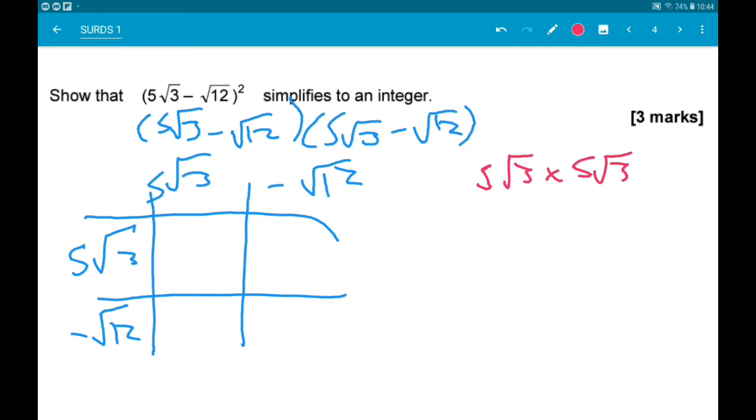So we can think of that as 5 times 5 times root 3 root 3. Five times 5 is 25, root 3 times root 3 is 3, 25 times 3 is 75.